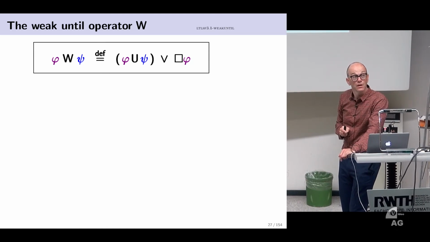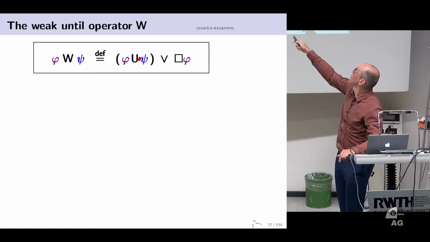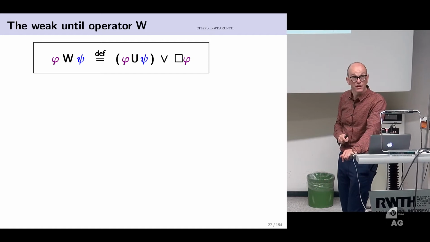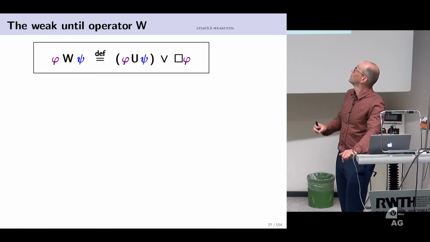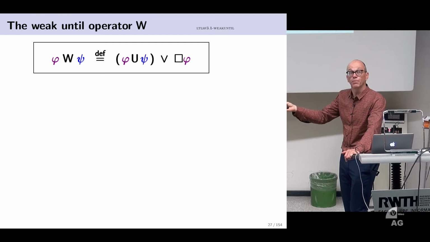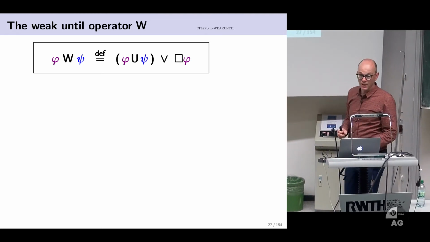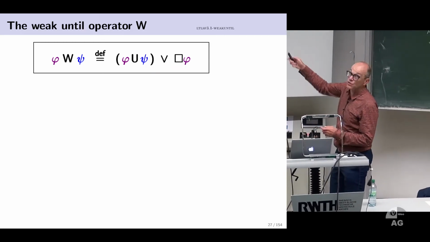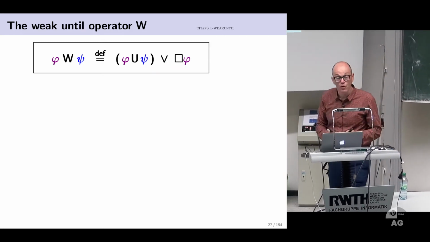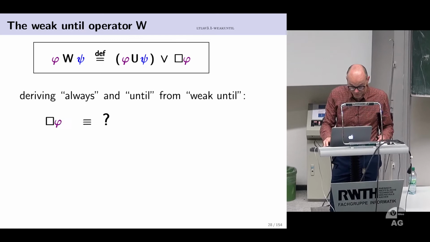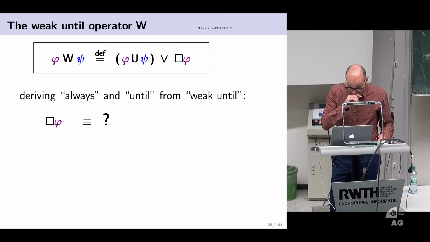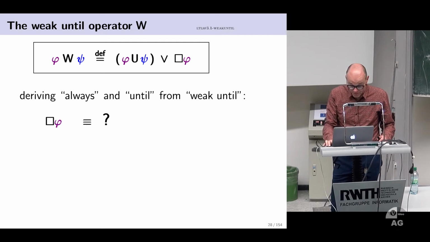So whereas the strong until, or this until as we called it, insists on establishing psi at some point, the weak until does not insist on this anymore, because it says, okay, it's also fine if phi holds always. Good. So actually you can derive always and until also from weak until.